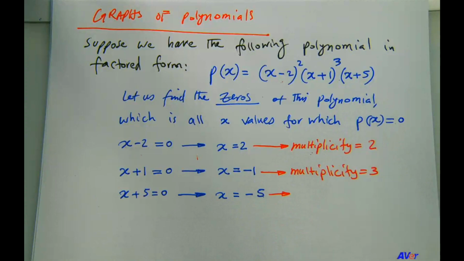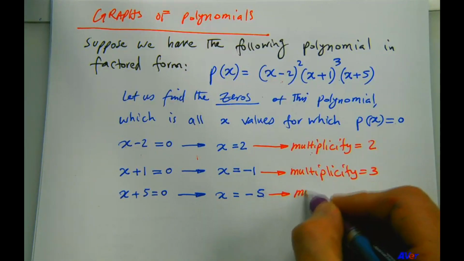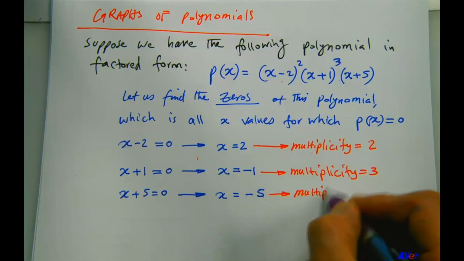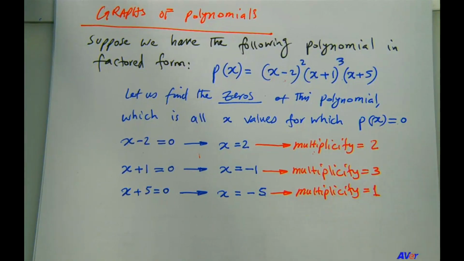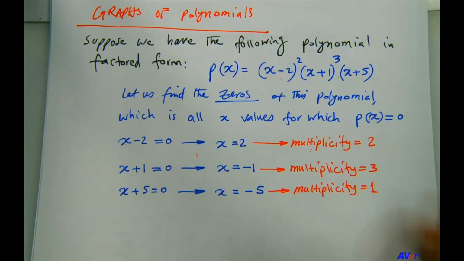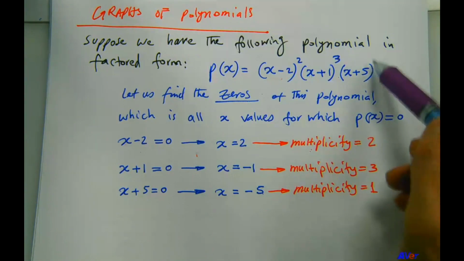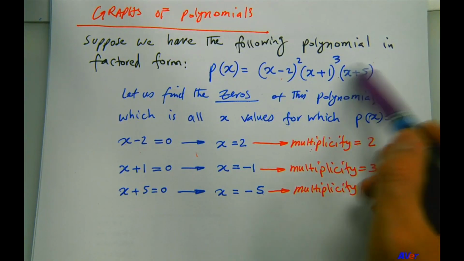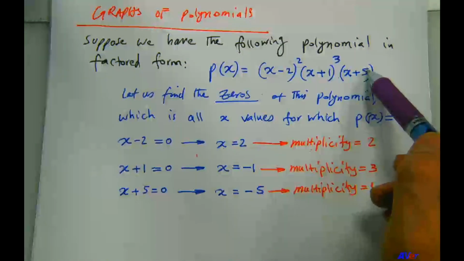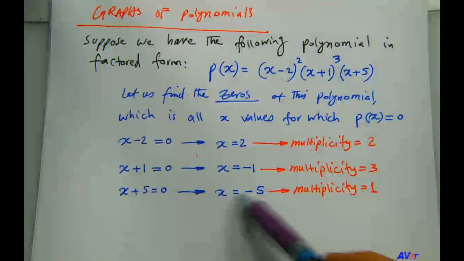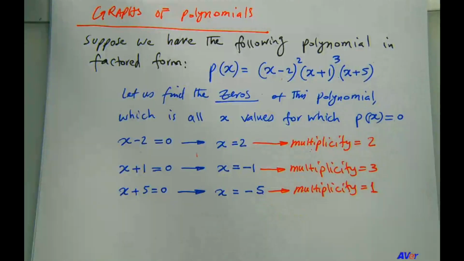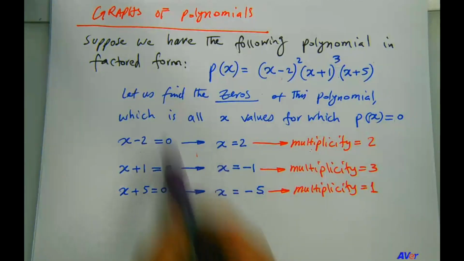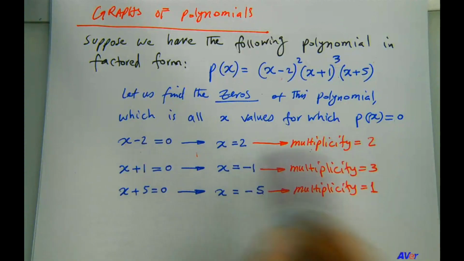Can you tell? The multiplicity is equal to 1. Okay? Because that's the power of the factor from which the zero of the polynomial came from. Okay, so this is how we find the zeros, and that's the multiplicity of each zero.